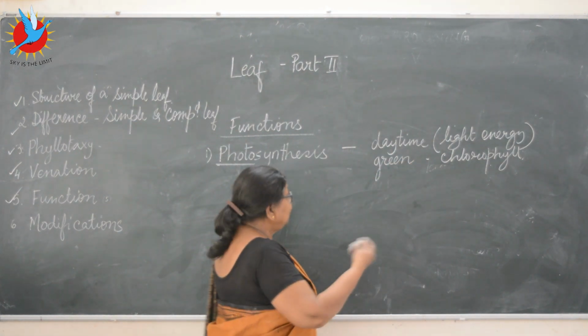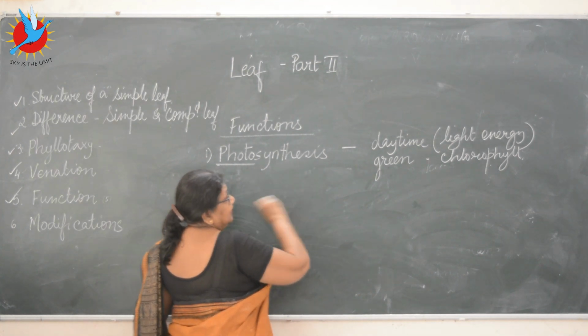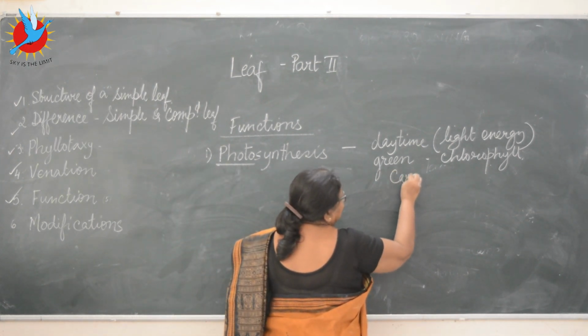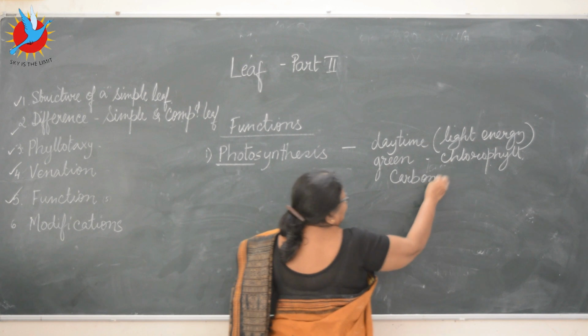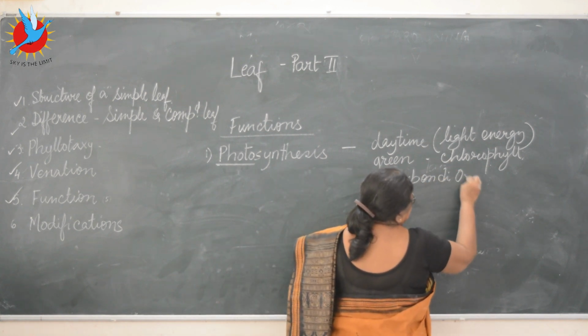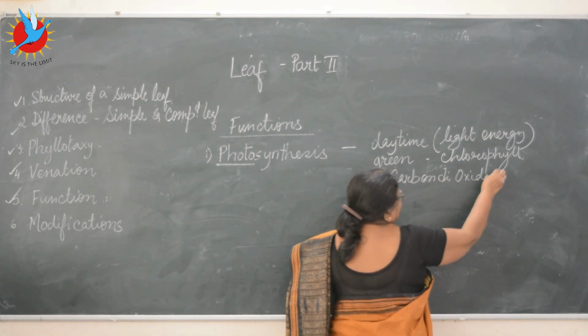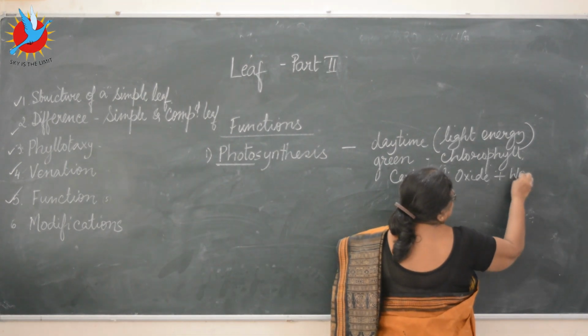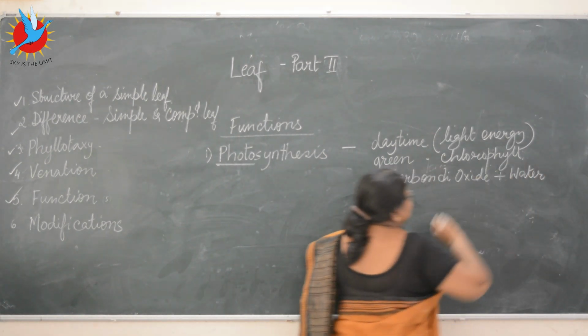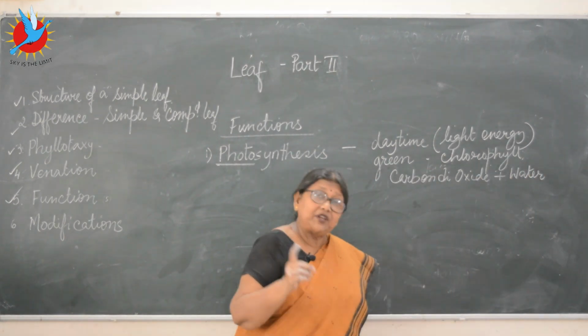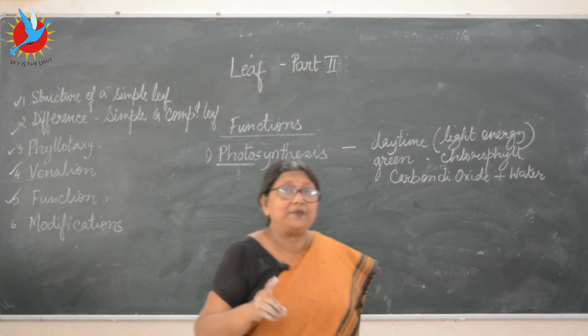And with what substances do they make the food? They make food with the help of carbon dioxide and water. Very simple. In the air chapter you learned last year about the use of carbon dioxide.